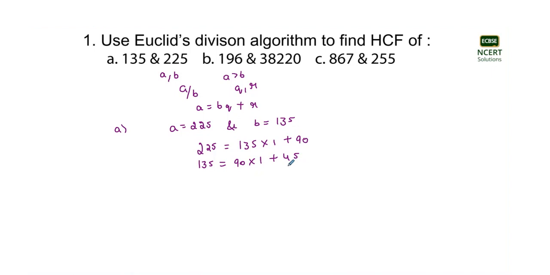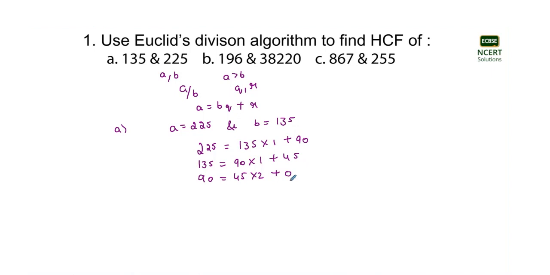Again, the remainder obtained is not equal to 0, which means again we need to apply the Euclid's division lemma over the numbers 90 and 45. So applying Euclid's division lemma, 90 will be equal to 45 into 2 plus 0. Which means that the number 90 is perfectly divisible by the number 45 as 2 has been obtained as a quotient and 0 is obtained as a remainder.